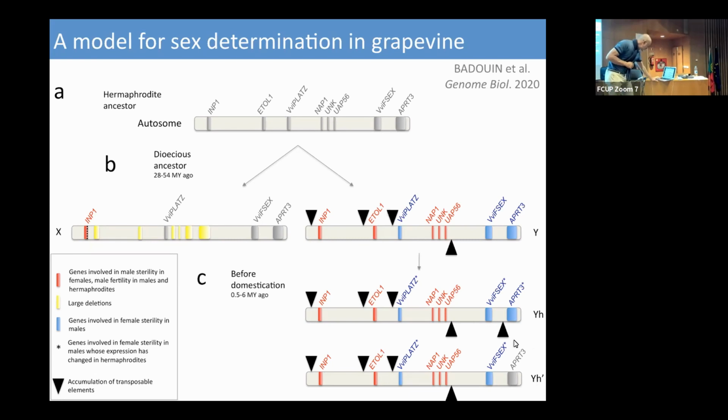A first mutation was modification of the expression pattern of APRT3. And we think this was because there was an accumulation of transposable elements in the cis-regulatory region of that gene. And the other mutation was actually a recombination between the X haplotype and the Y haplotype at the APRT3 region. Okay, so this is what we found when we looked at several YH haplotypes.